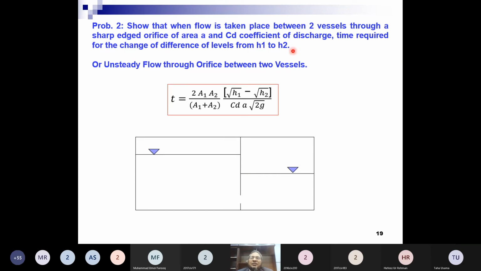Okay, and we know what is H1 and what is H2. H1 and H2 are the difference of levels. So this is unsteady flow through orifice between two vessels. So that is this case, and the final equation, what he's asking, that prove this equation, that this time taken is 2 area 1 area 2 over area 1 plus area 2 under root H1 minus H2 over CD a root of 2g.